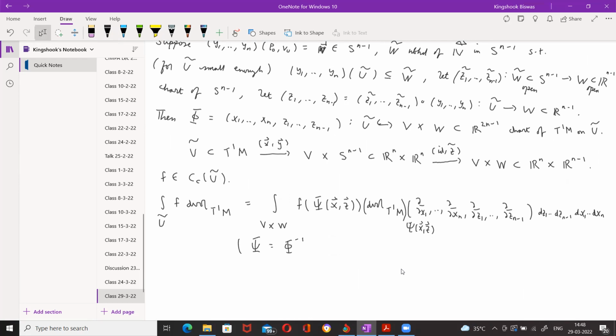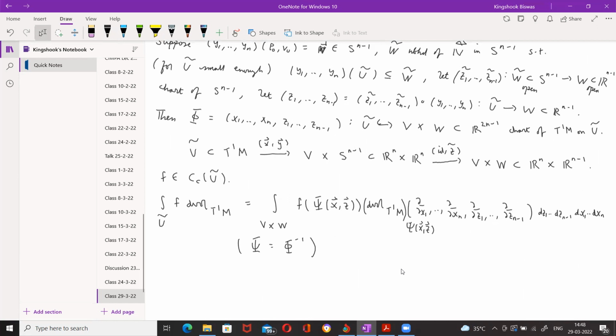Okay. So the d-vol of this basis is going to be the determinant of the change of basis, which sends an orthonormal basis of the tangent space of T1n to this basis. Now we can choose any orthonormal basis we want.